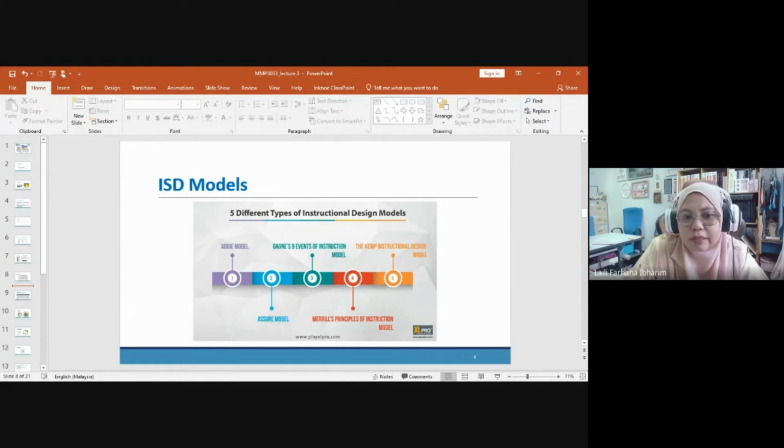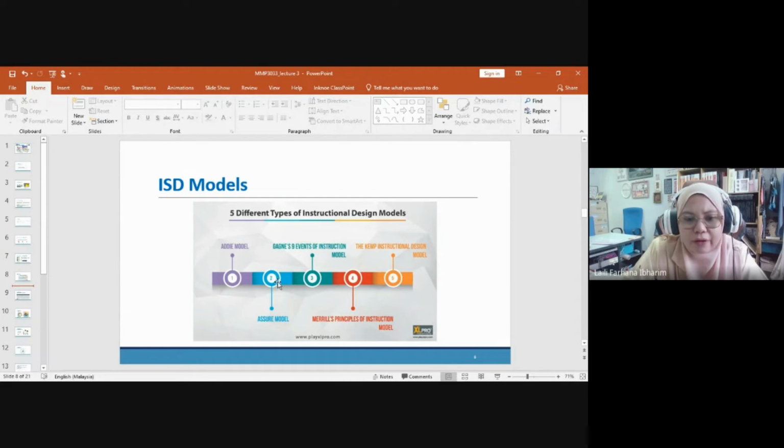Okay, so actually, there are a lot of ISD models. But here I will show you five different types of ISD models that are commonly used in our teaching and learning. First is ADDIE model. Second is Assure model.